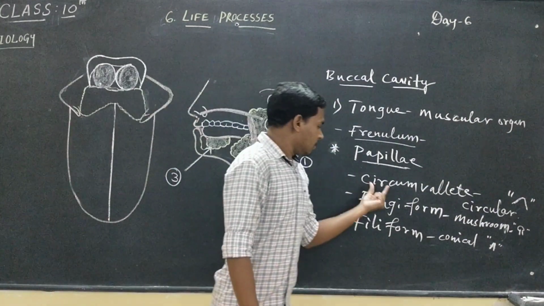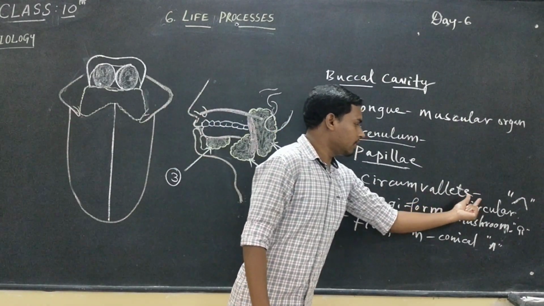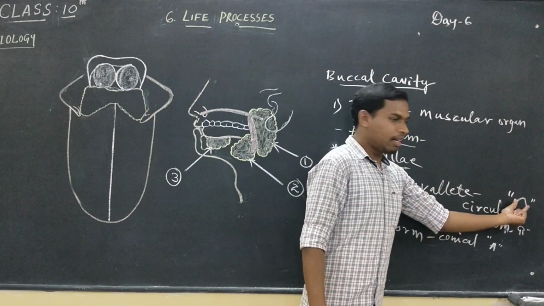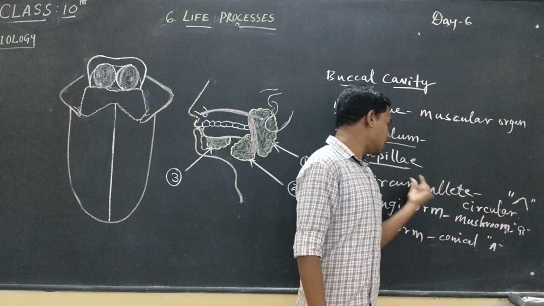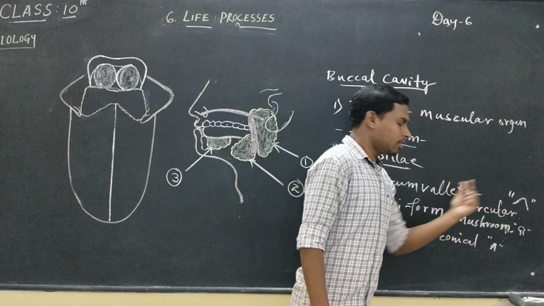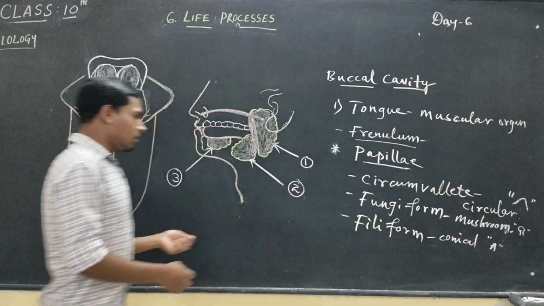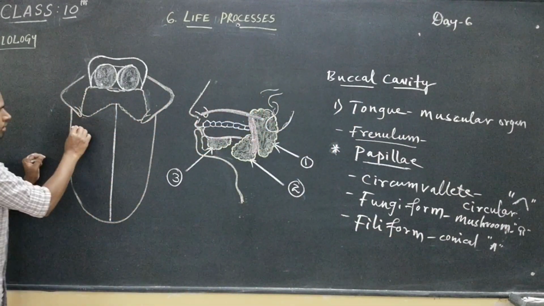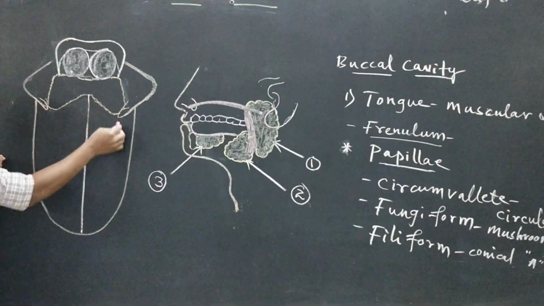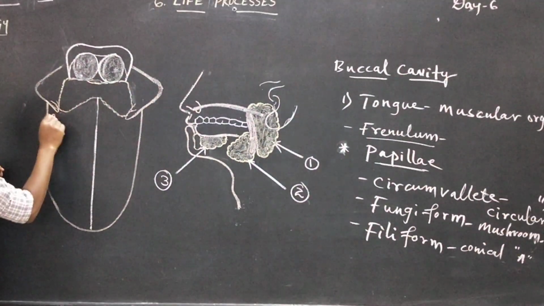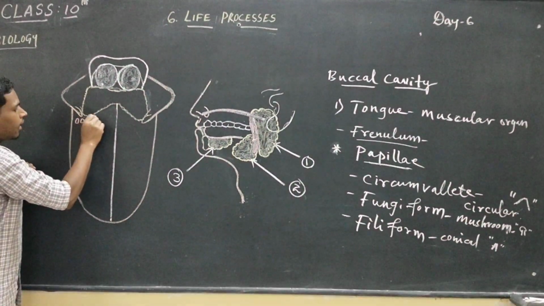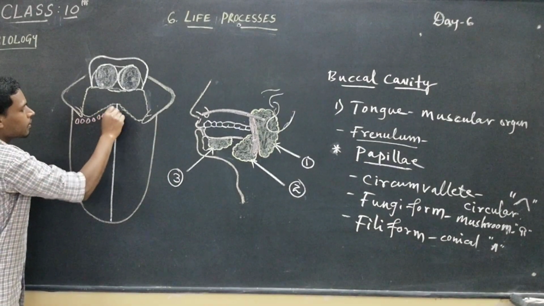Now circumvallate is arranged like an inverted V, and its papillae are circular in shape.